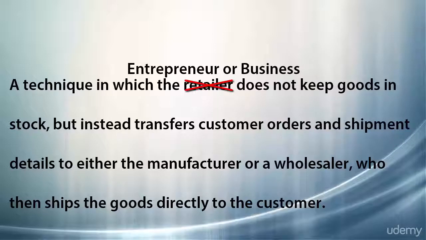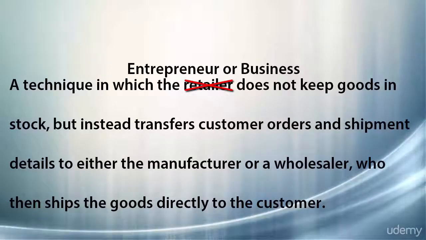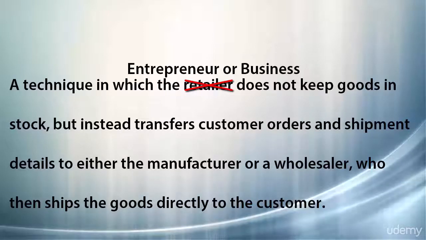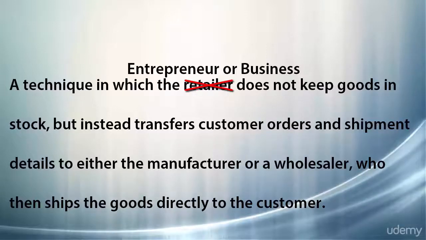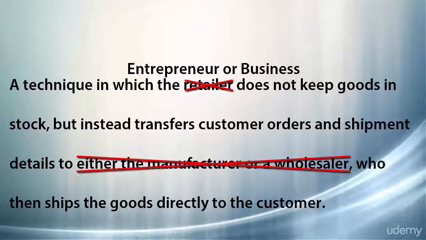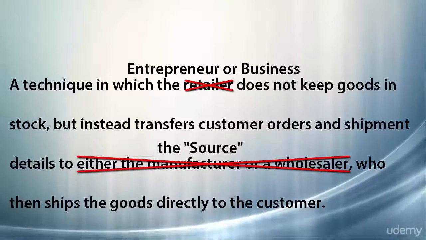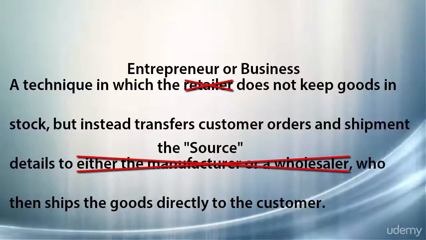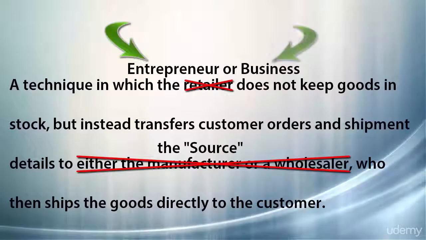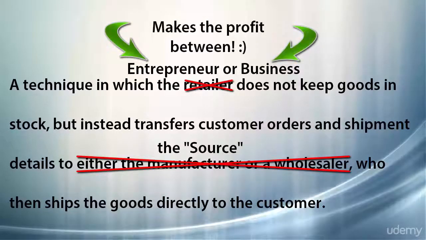So it's a technique in which the business entrepreneur does not keep the goods in stock, but instead transfers the customer orders and shipment details to, and we're going to replace the words manufacturer or wholesaler with the word source. So you transfer the details to the source, who ships the goods to the customer, and that allows the entrepreneur or business to make the profit in between. It's just that simple.